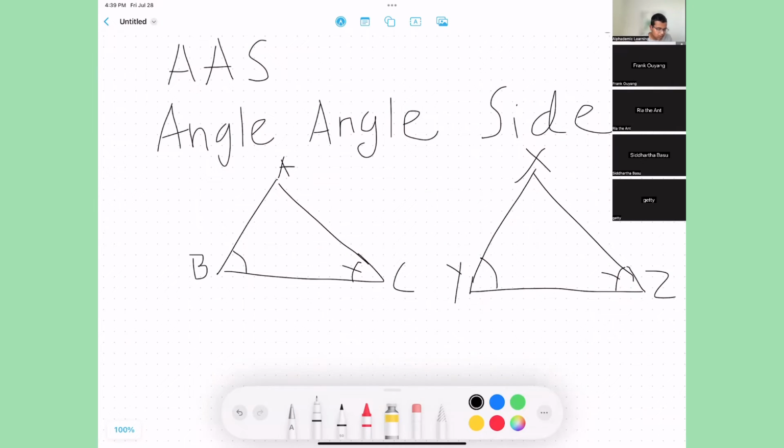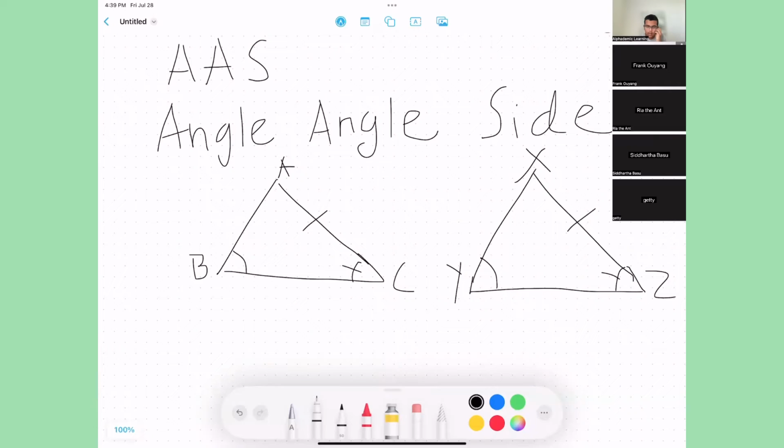And then if I have a side, if I have this side equals this side, then we can automatically say that triangle ABC is congruent to triangle XYZ based on a congruence theorem called AAS, angle angle side.